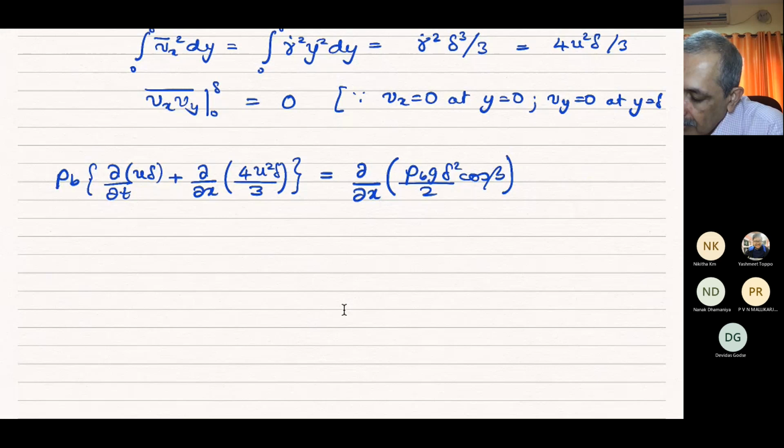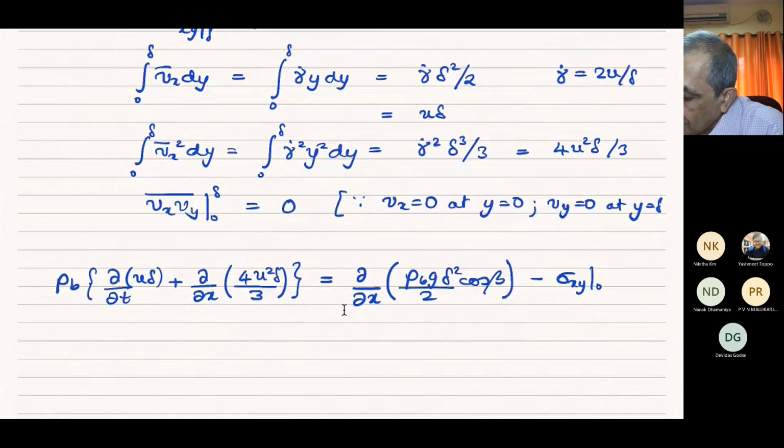We've already seen that this is just minus sigma xy at 0. This is something we still need to know.